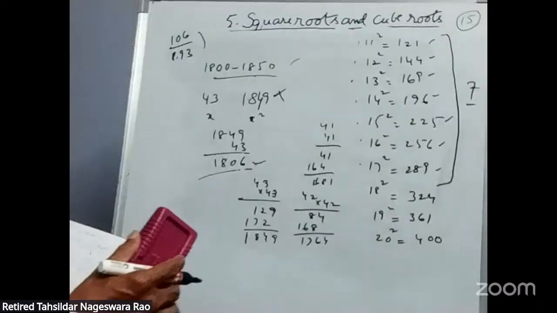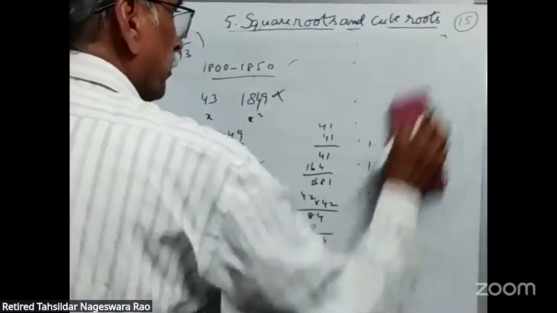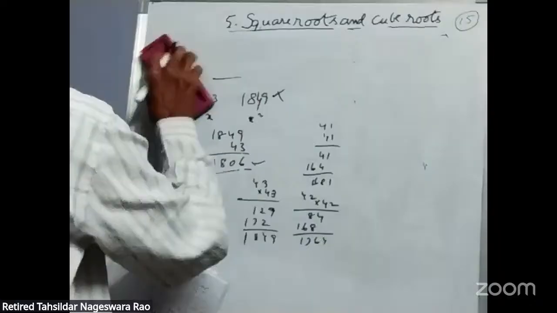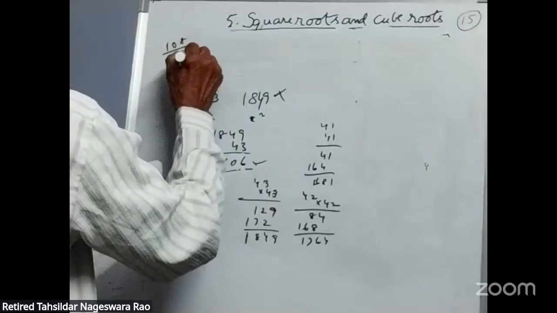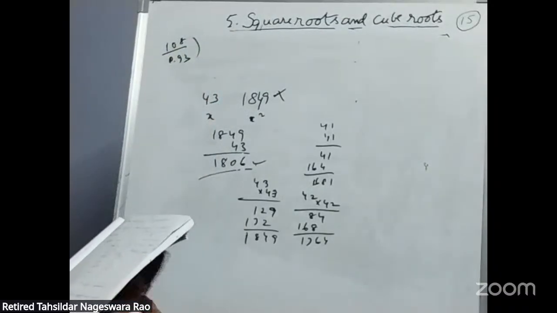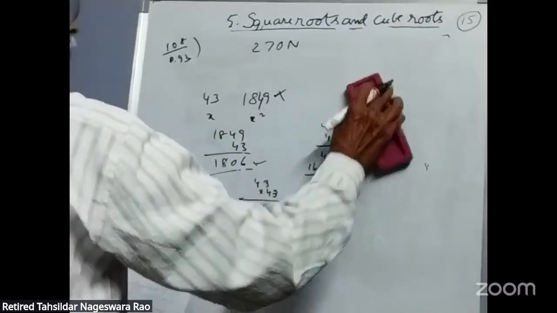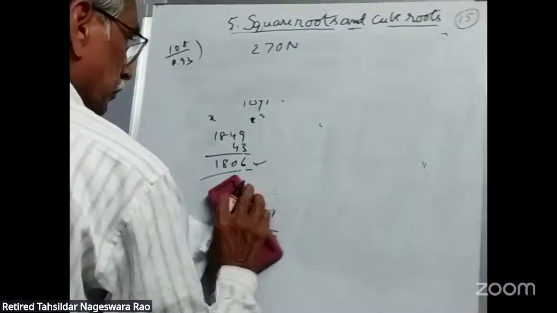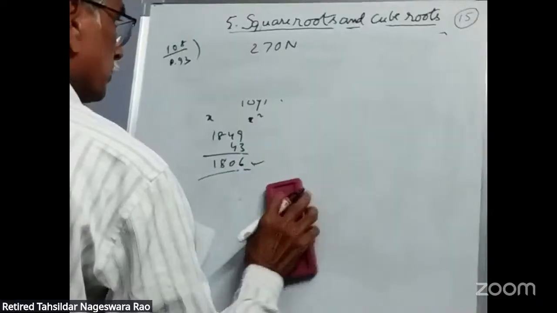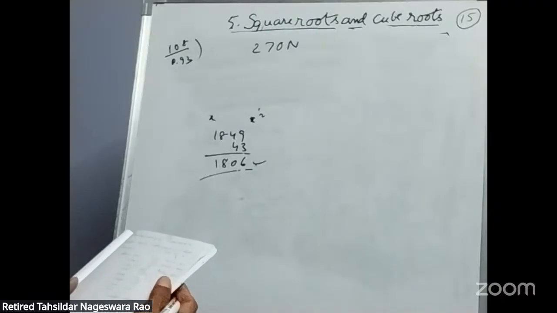Next question. For what value of n will 270n be a perfect square, where 270n is a 4-digit number?